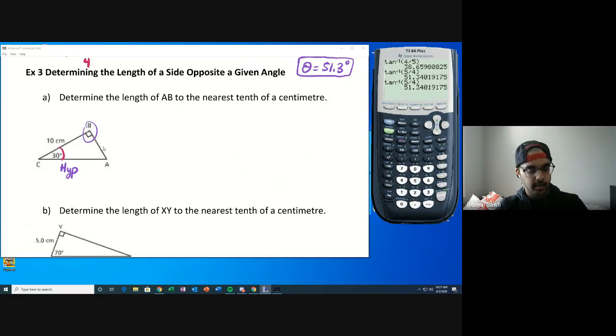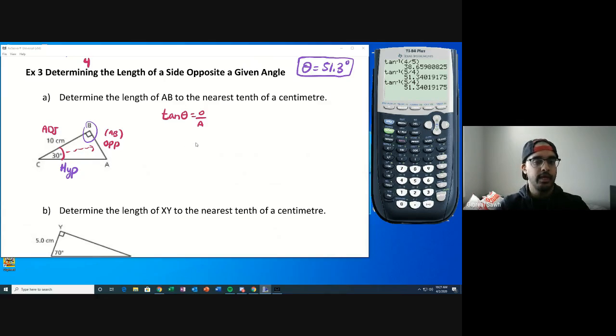My opposite side to 30 is right across from it. So there's my opposite. That's what we need to find. We're going to call it AB. The adjacent side is 10. That's what they've told us in the question. Since we're using tangent, I have to have a relationship between the opposite and the adjacent. So if we write out our formula first, tangent theta is opposite over adjacent.